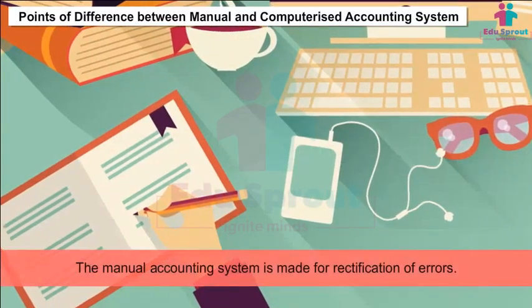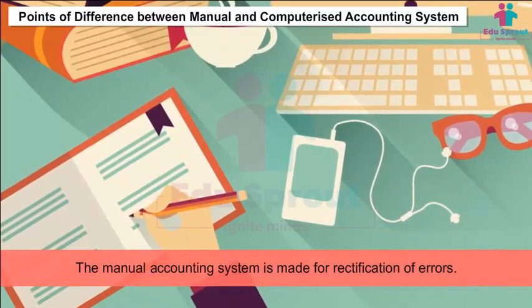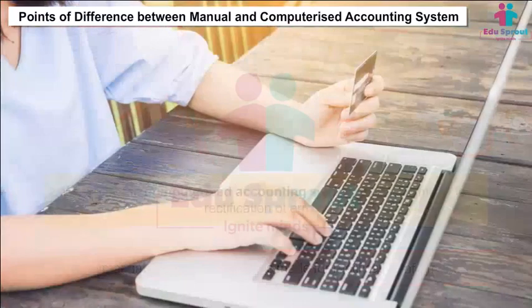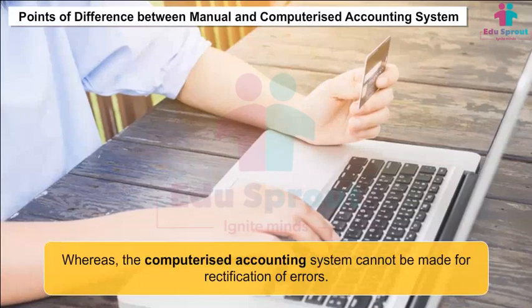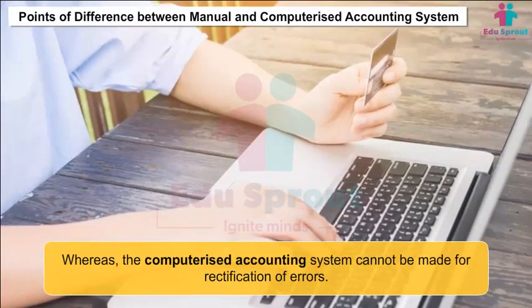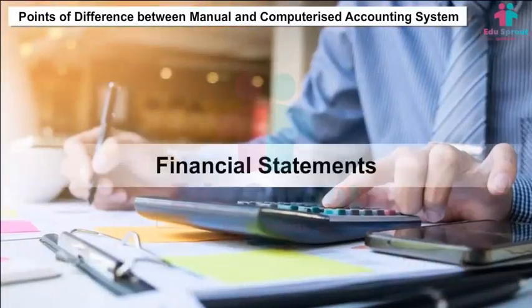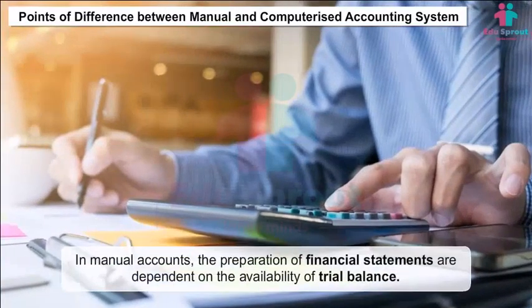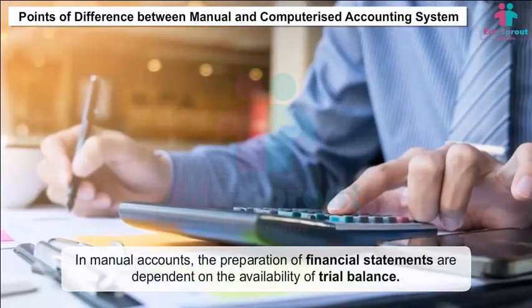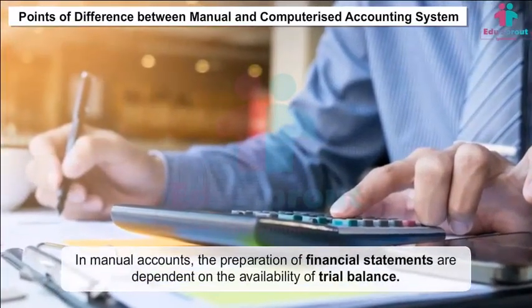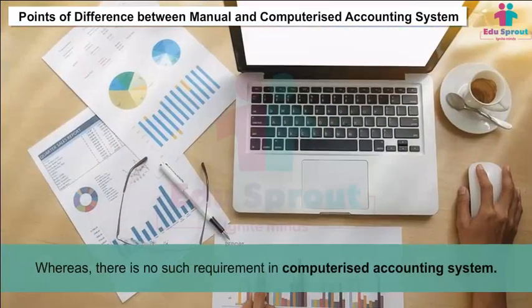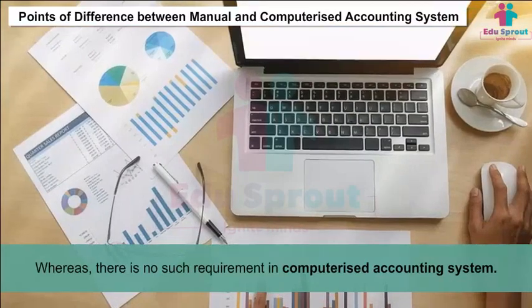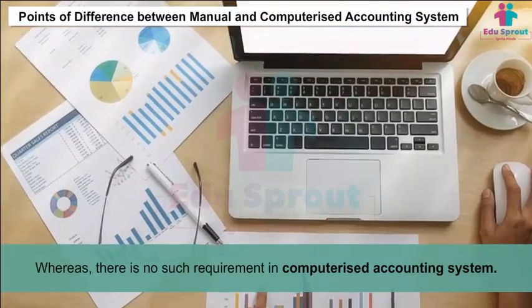The manual accounting system is made for rectification of errors, whereas the computerized accounting system cannot be made for rectification of errors. Financial statements. In manual accounts, the preparation of financial statements is dependent on the availability of trial balance, whereas there is no such requirement in computerized accounting system.